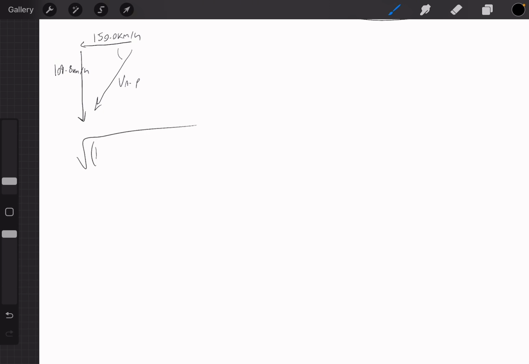So that's going to be 109.8 kilometers per hour. You could also find the angle first and then use SOHCAHTOA to find the hypotenuse, but I'm just going to do it this way first because it's easier. Plus 150 kilometers per hour squared.